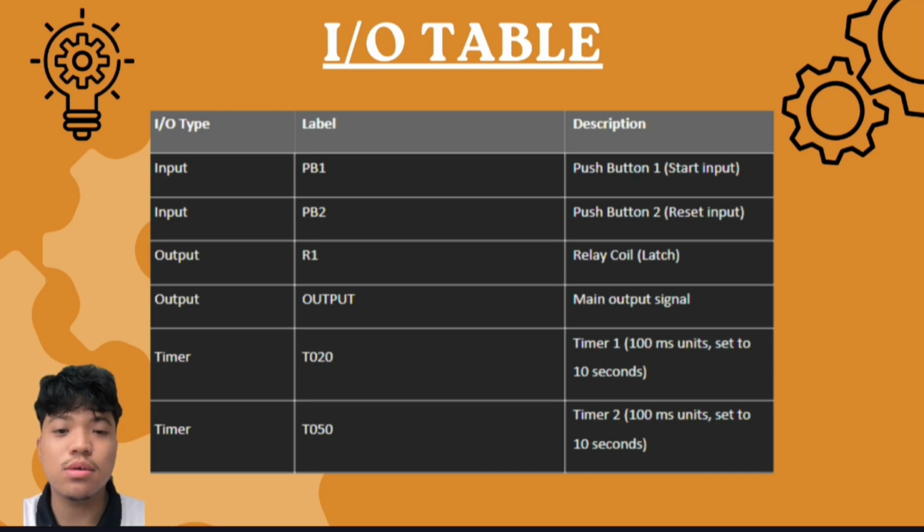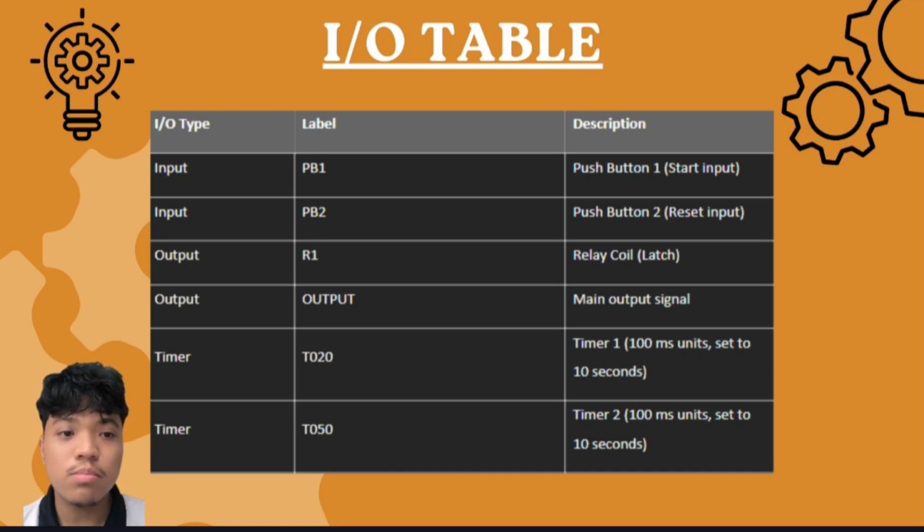So next, this is the input and output table. The first row is input, the label is PB1, and the description is push button 1. The second row is input, the label is PB2, the description is push button 2. The third row is output, label is R1 as a recall, and we have the output as the main output signal.